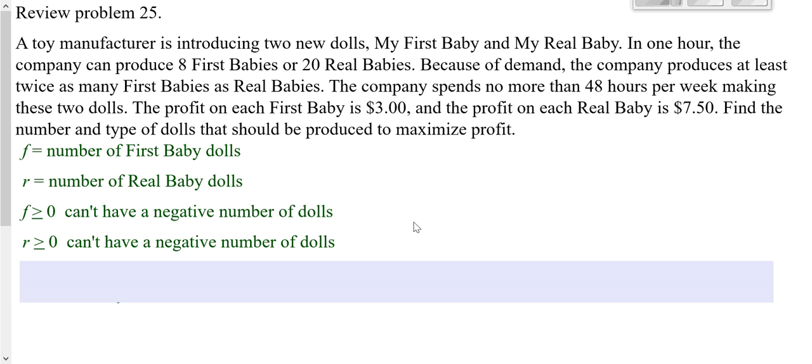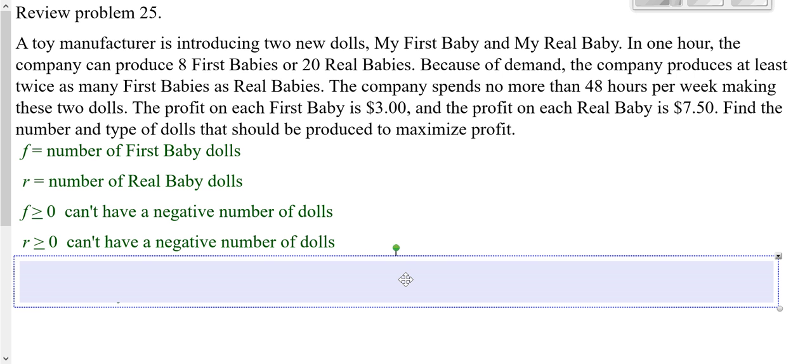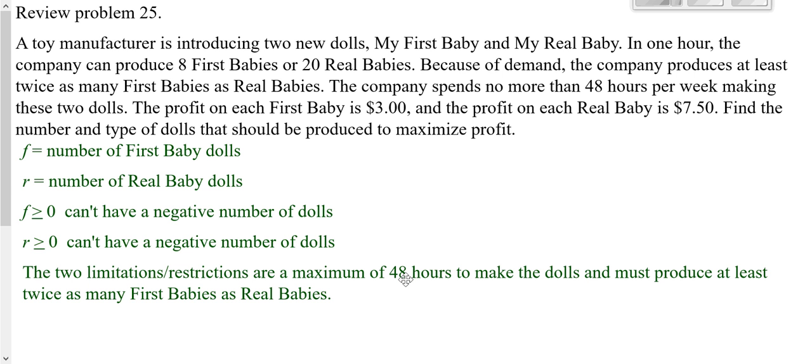Now, once again, our other inequalities come from the limitations or the restrictions. And in this case, they're giving us a couple. We have to have a maximum of 48 hours, and they must produce at least twice as many first babies as real. So let's take a look at a couple of things.